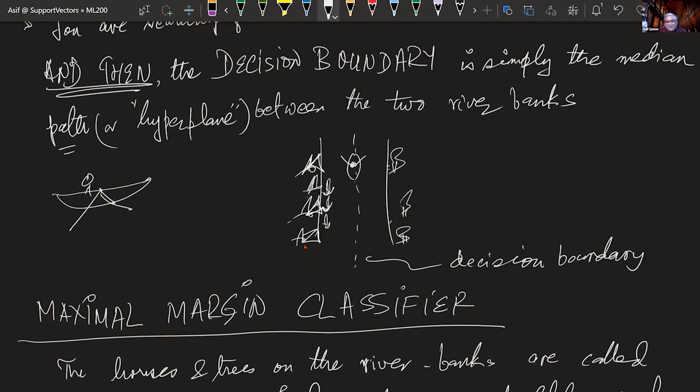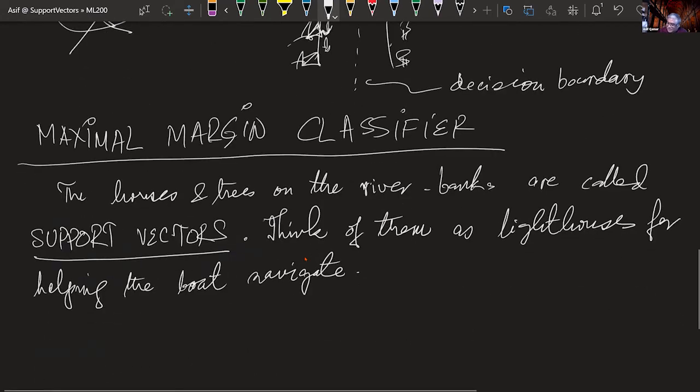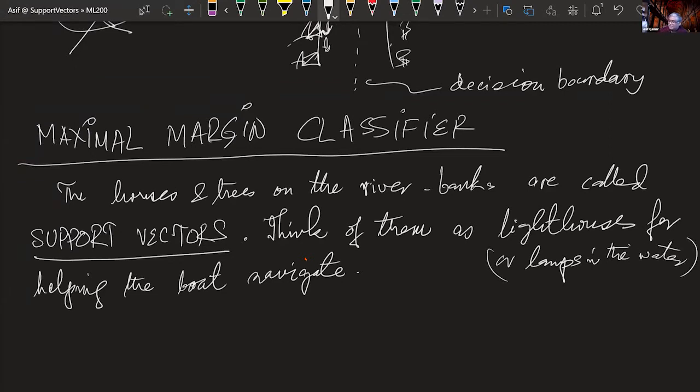And this practice of putting these little lamps into the water goes back thousands of years. It is really evocative. Whenever I think of my hometown, the picture of these beautiful lamps in the water comes. So, well, here we go. Think of these as lighthouses or lamps at the water's edge. Are we together?